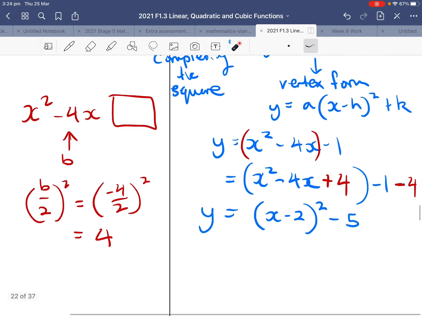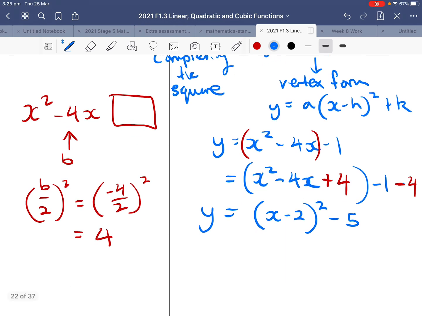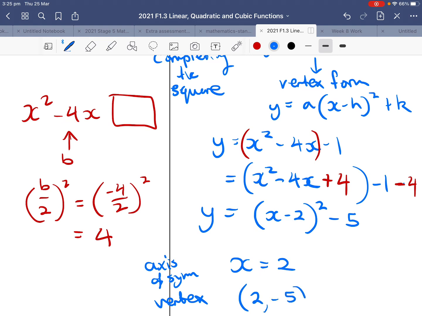And so reading off that, we can see that our h, which stands for our axis of symmetry, the axis of symmetry for this one will be 2, and our vertex will be the point (2, minus 5).